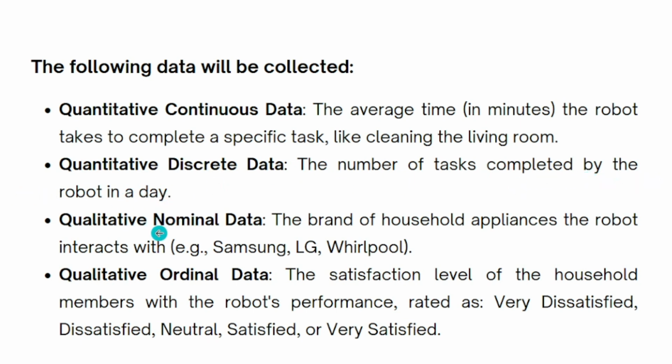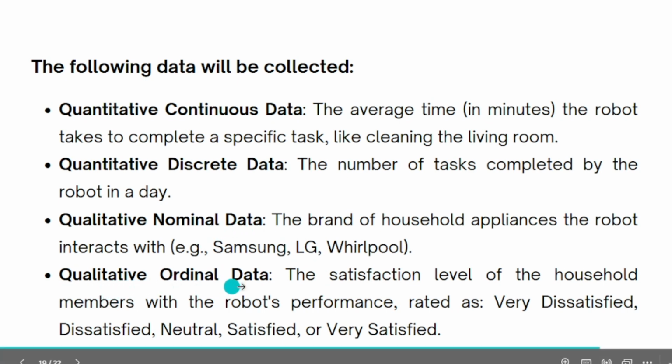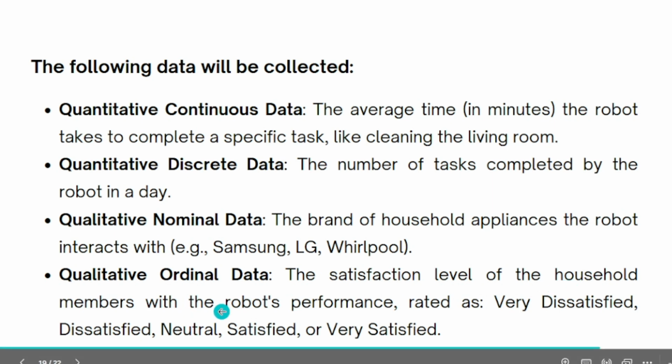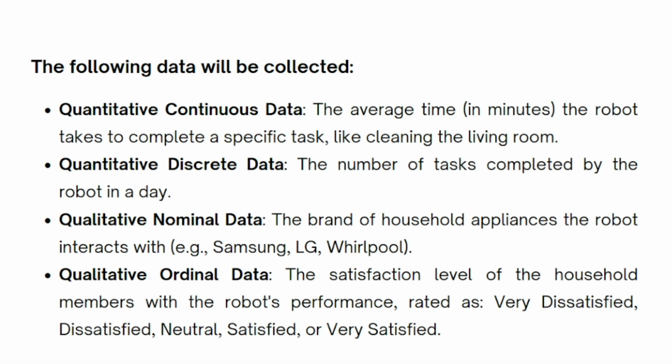And you have qualitative nominal data, which is the brand of household appliances the robot interacts with, like the washing machines, the refrigerator, etc., like Samsung, LG, Whirlpool, etc. There is qualitative ordinal data, that is the satisfaction level of the household member with the robot performance, rated as very dissatisfied, dissatisfied, neutral, satisfied, and very satisfied in this particular case.